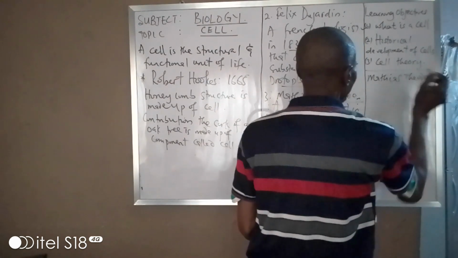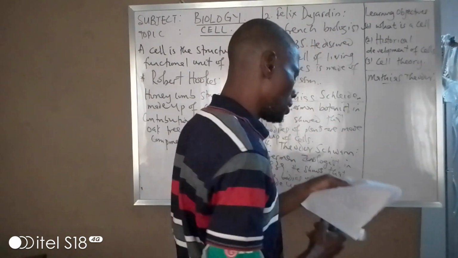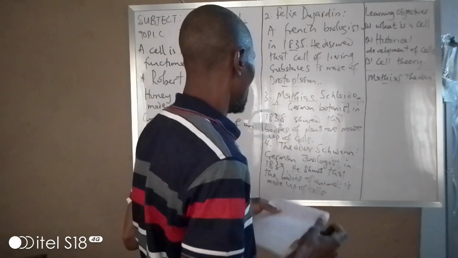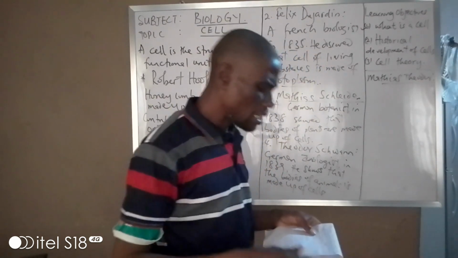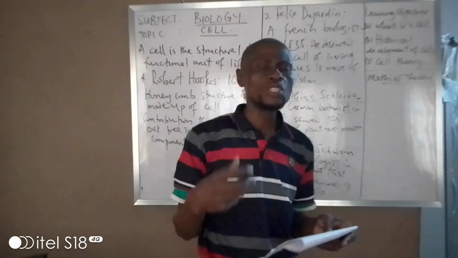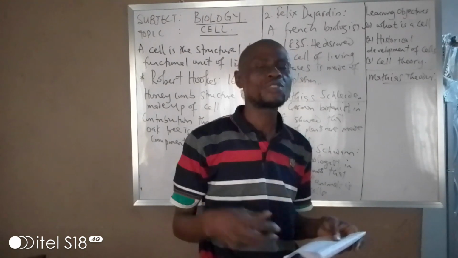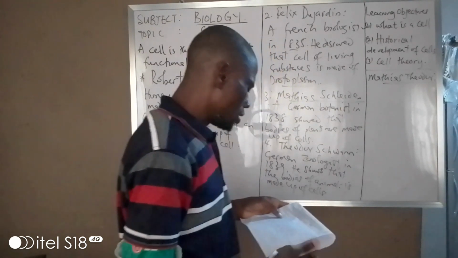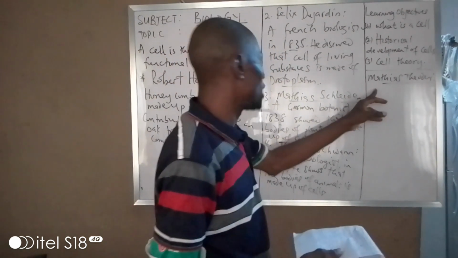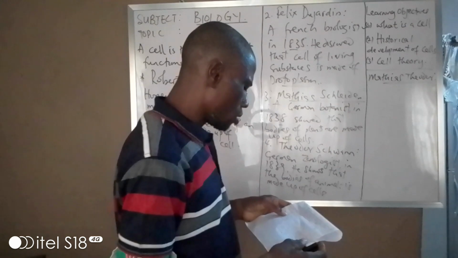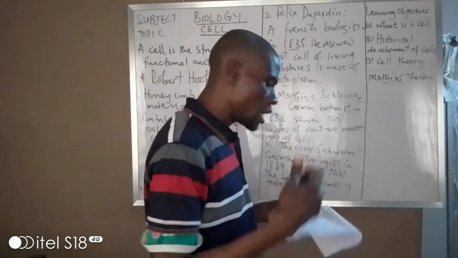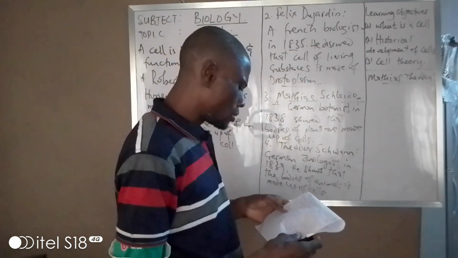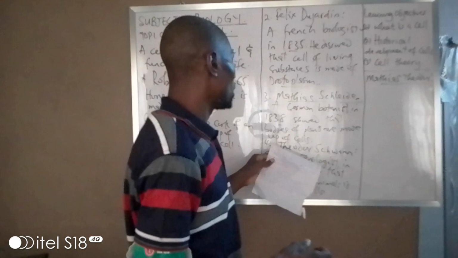Theodor Schwann along with Matthias Schneider, both of them, their work leads to what you call the postulation of cell theory. So both of their work leads to the cell theory. They are the ones that postulate the cell theory, which is going to be our last learning objective. So Theodor Schwann and then what?